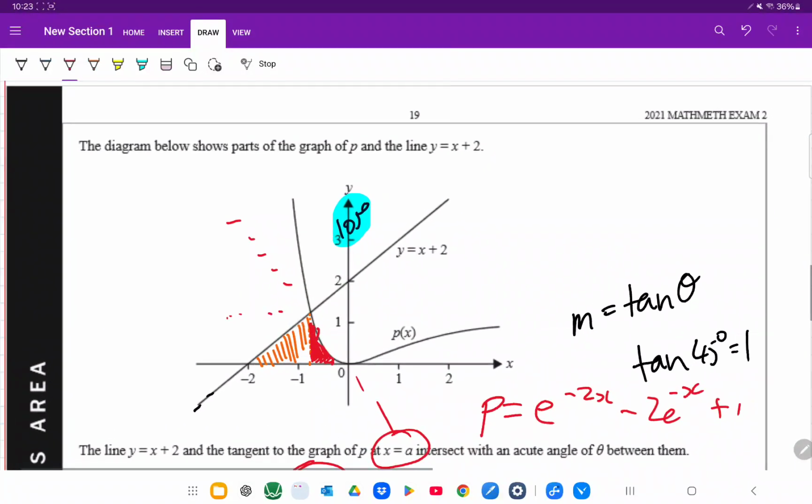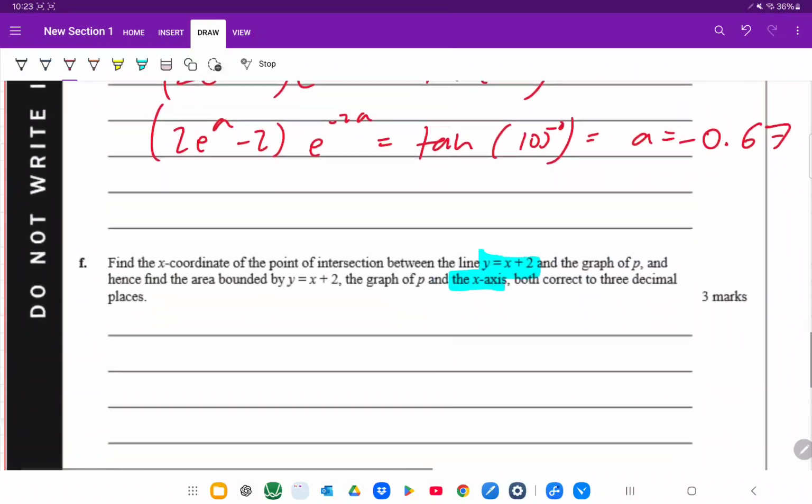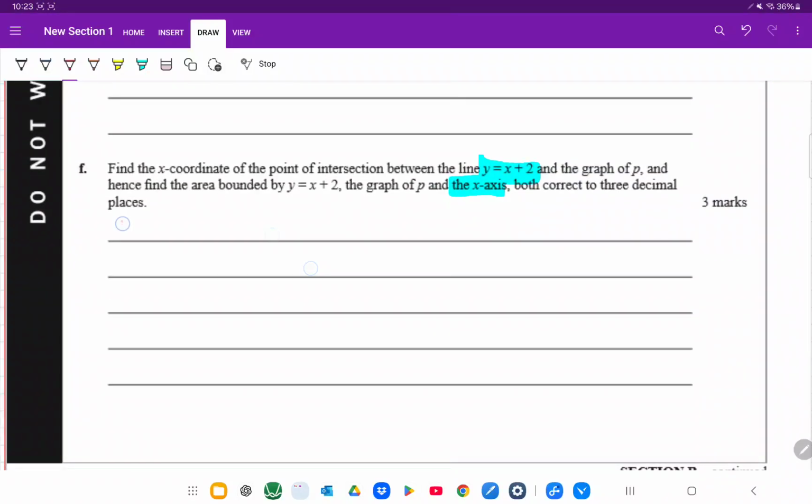Now, firstly, you need to find out what the point of intersection is here. And the point of intersection that I've calculated is negative 0.750. So the area is equal to the integral from negative 2 to negative 0.750 of x plus 2 dx.